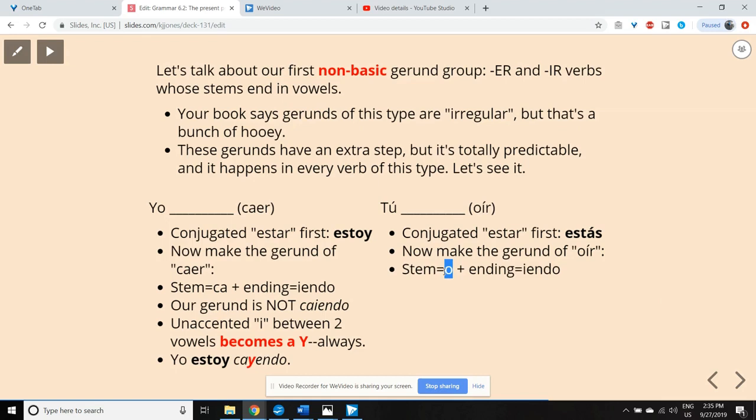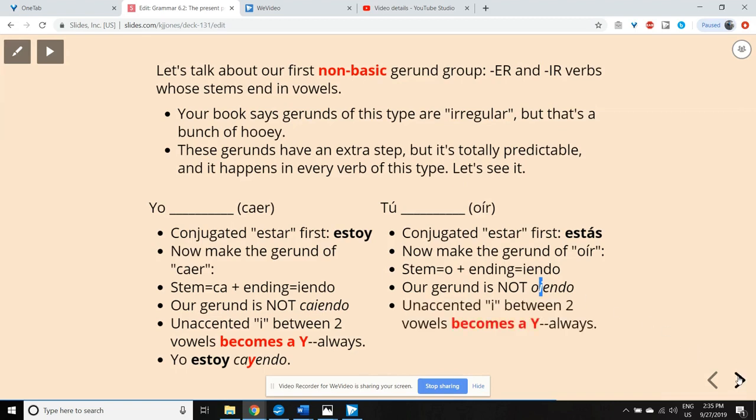And as soon as we see this, we think, oh, okay. So the normal thing to do would be to take this O and add our gerund ending IENDO to it. But again, our gerund is not these three vowels in sequence. What do we end up with when we try to write O-I-E-N-D-O? We end up with an unaccented I between two vowels.